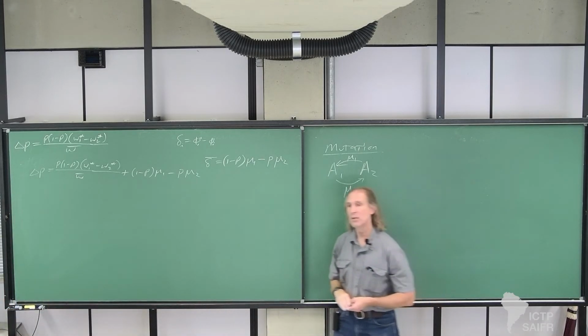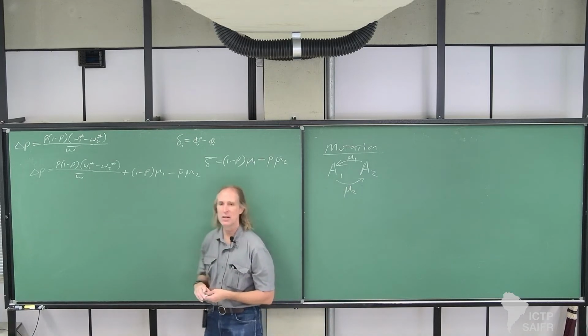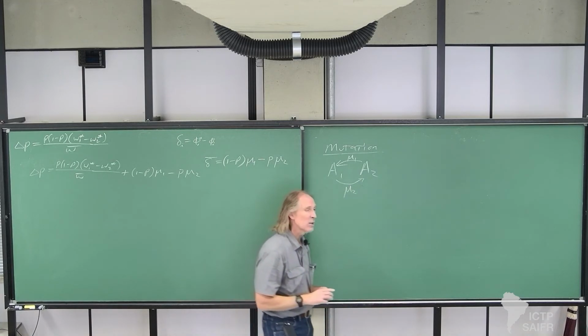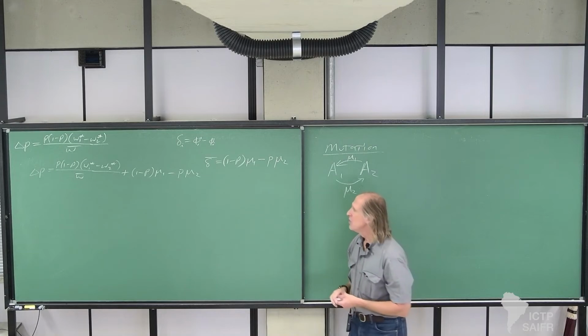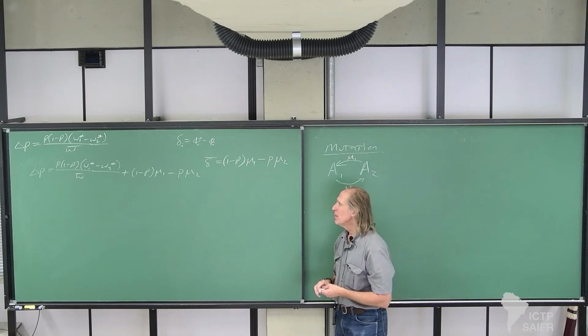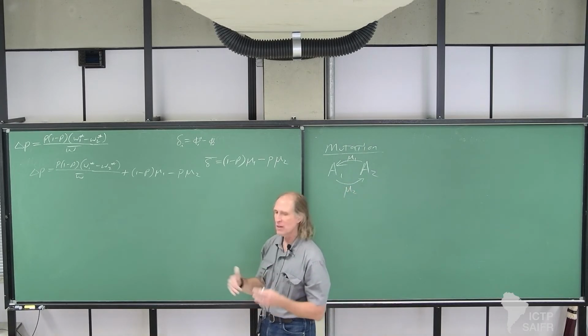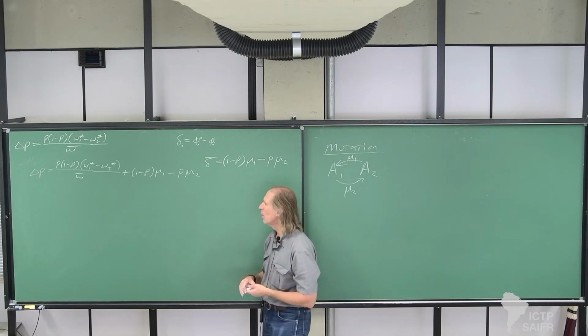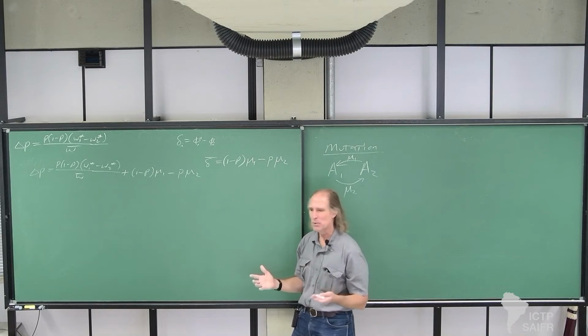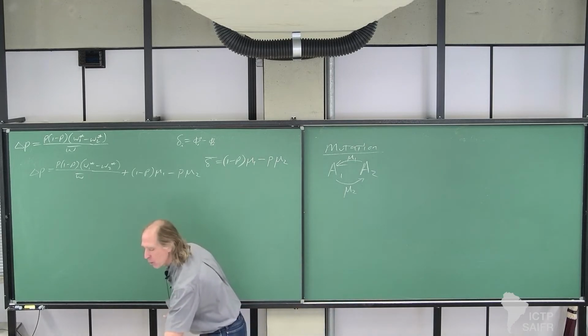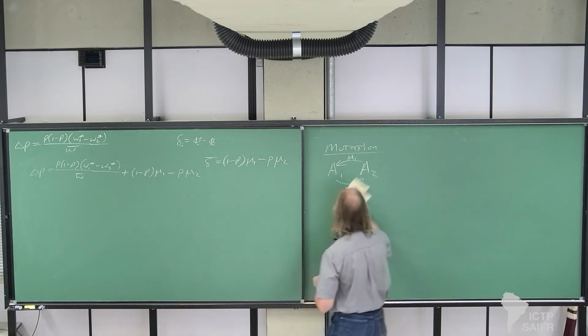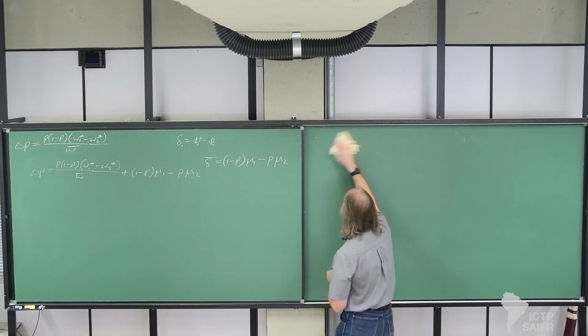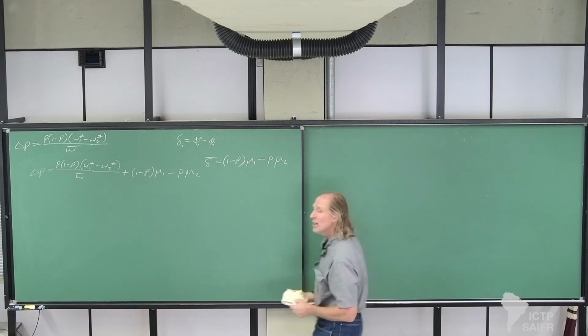Now, when people are studying this, in general, mutation is taken to be a very weak process, right? So in a given generation, especially if you're in some intermediate state where P is intermediate between 0 and 1, mutation is generally assumed to be very weak. The interesting question, though, is what happens when an allele that's being selected against is really rare.